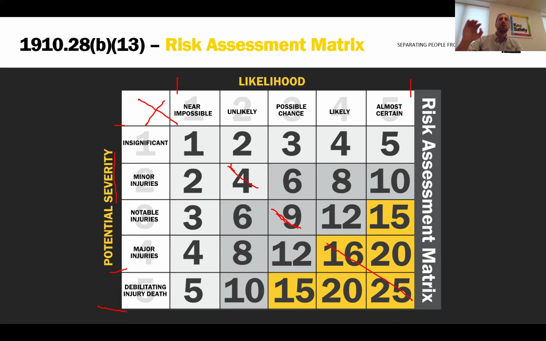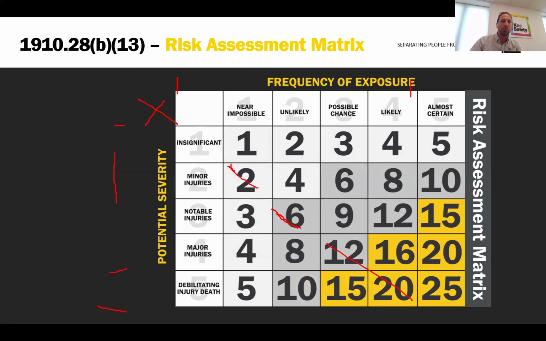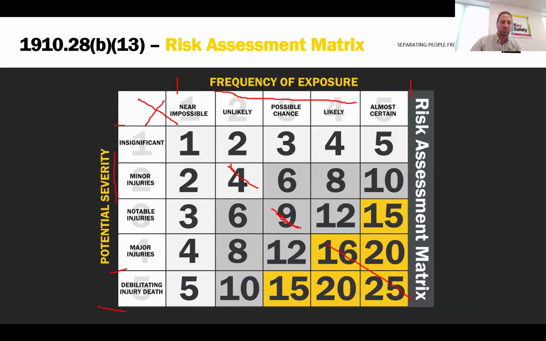Well, let's get the highest predictor of likelihood that we can measure. It's really easy. All we have to do is swap out the word likelihood with frequency of exposure to the hazard. So the higher the frequency of exposure, the more exposure that I have to a hazard, the more likely I am of an accident occurring, right?